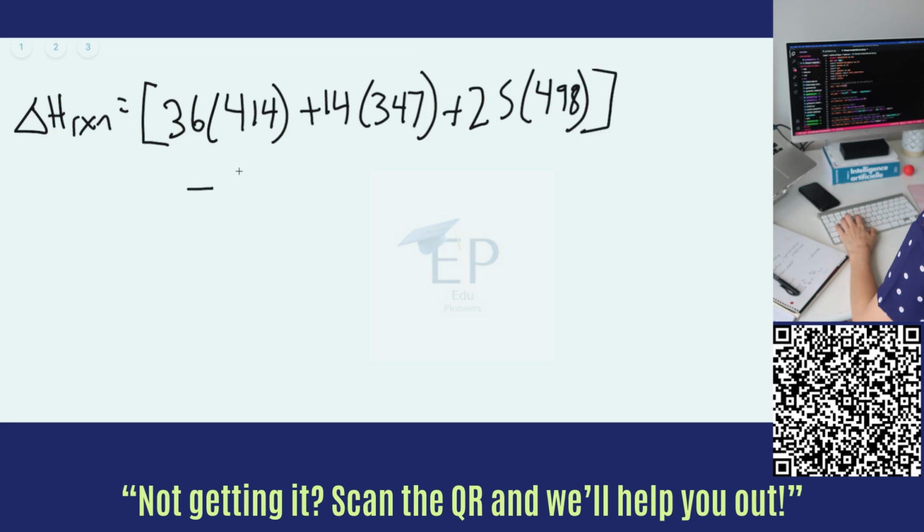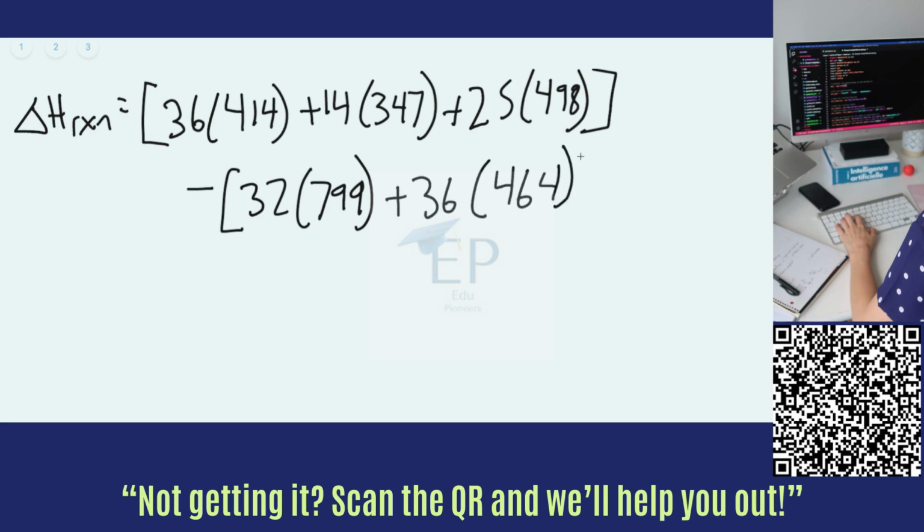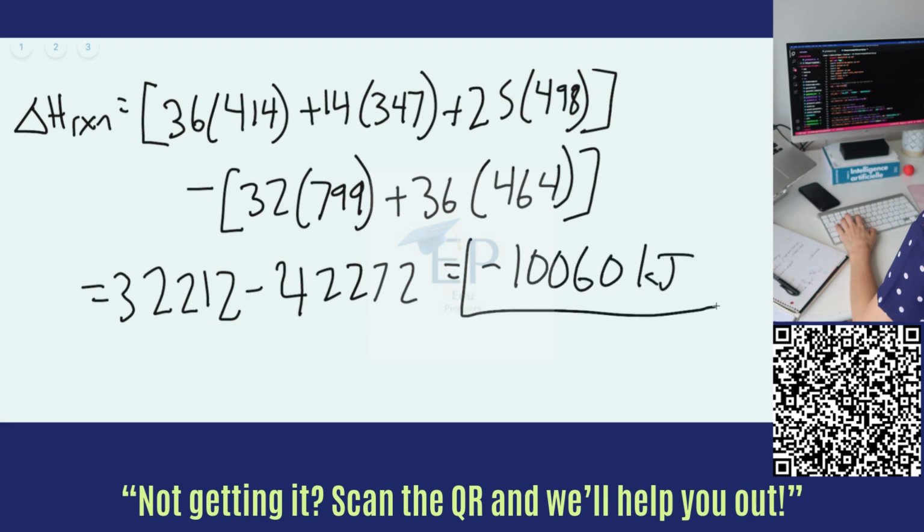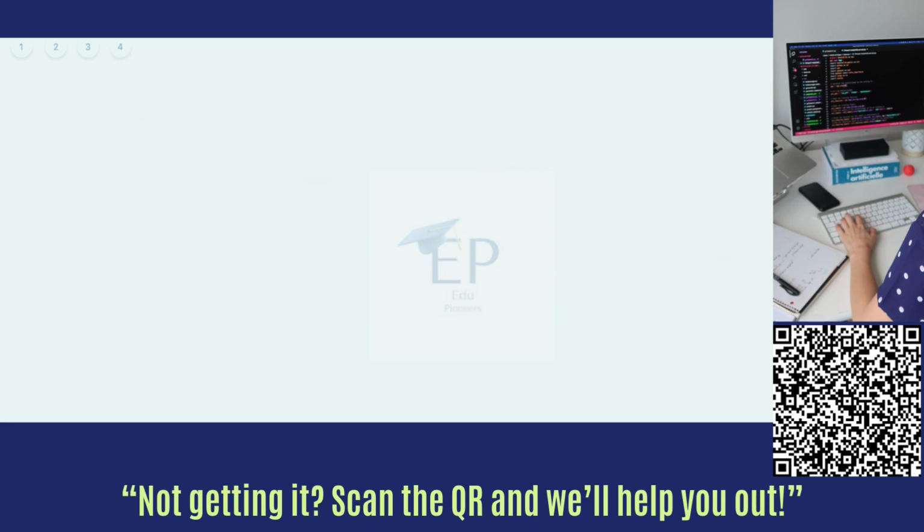And then we subtract 32 times 799, which is the CO double bond, and then 36 times 464, the OH bond. When we do this, that gives us 32212 minus 42272, which gives us negative 10,060 kilojoules. So this is our answer for using bond energies or enthalpies.